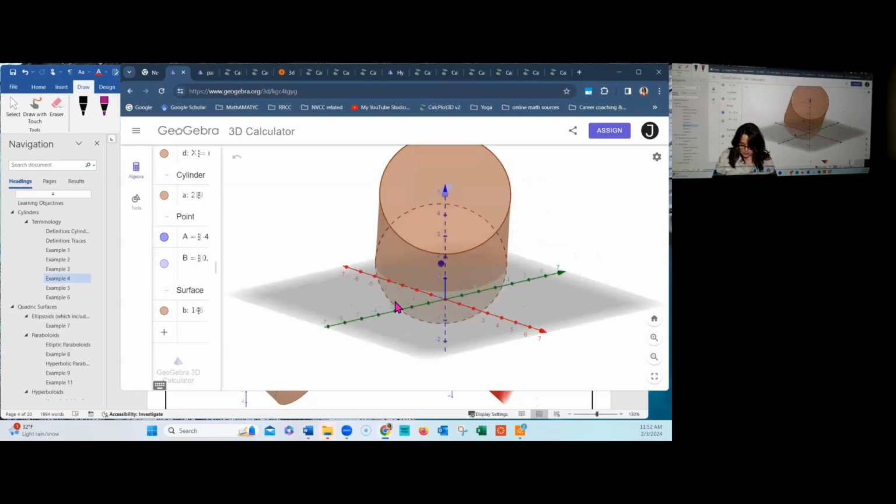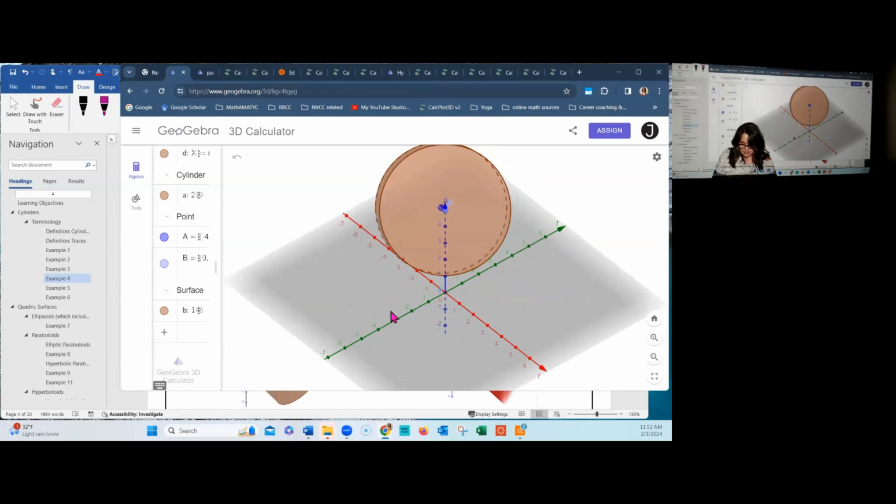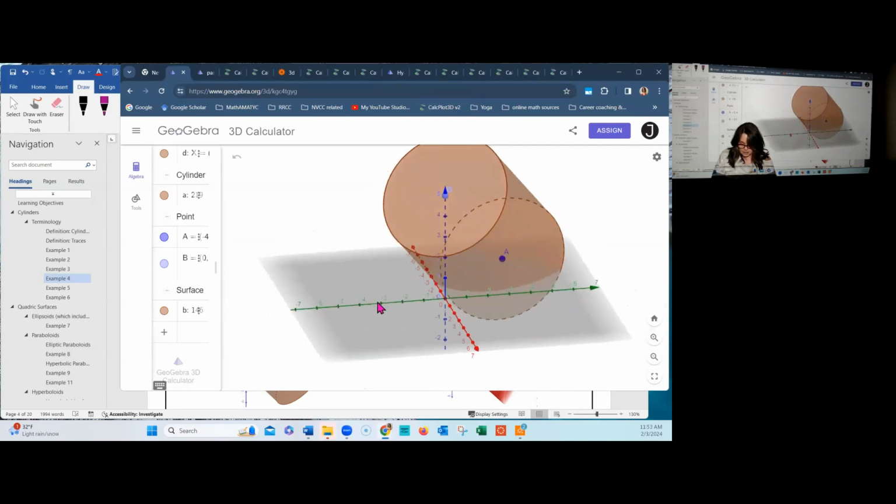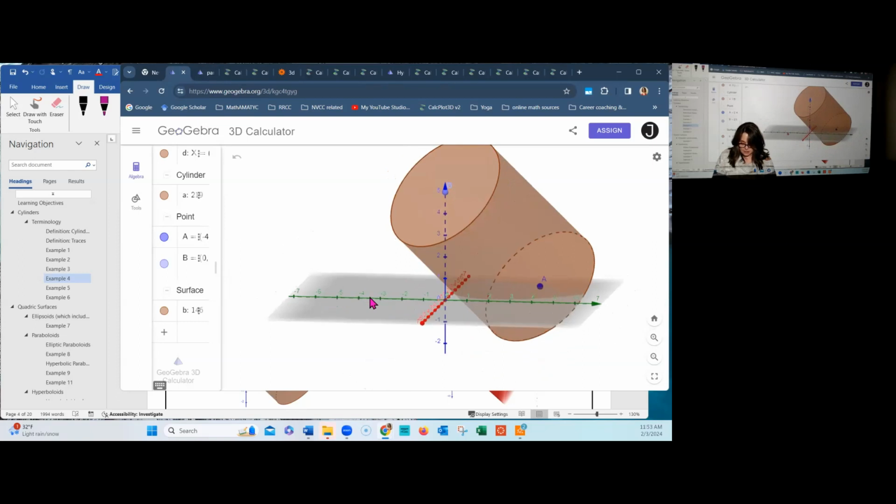So again, oblique in this sense means tilted at an angle. So you can see the circle right there, but it is a cylinder, but it's not being drawn along lines that are parallel to X, Y, or Z, right? And so it's called an oblique cylinder.